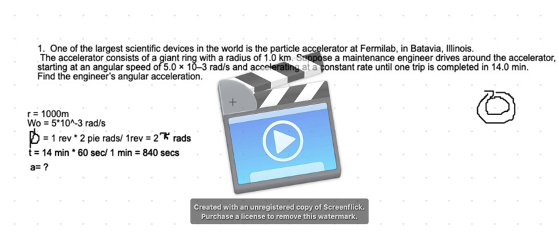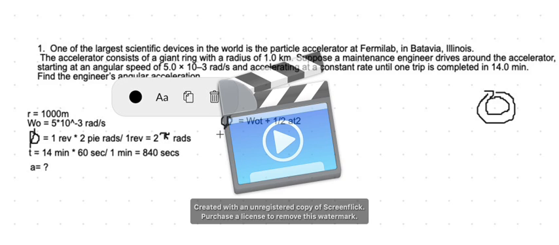So looking at your kinematics formula, the formula that contains all of these is theta is equal to the initial speed, which is W0 times time, plus 1/2 of the acceleration times time squared. Okay, it won't let me do the little squared sign, so just know that that means acceleration times time squared.